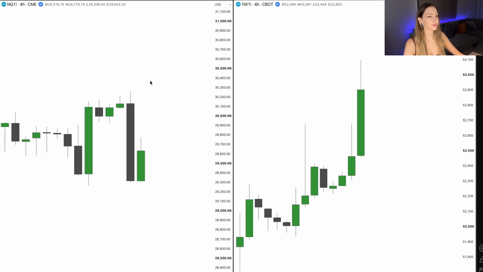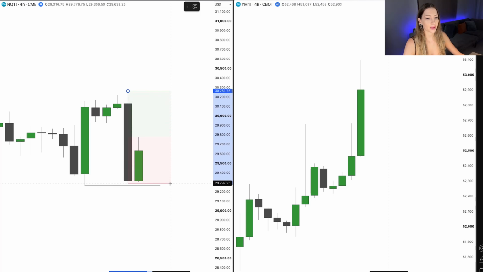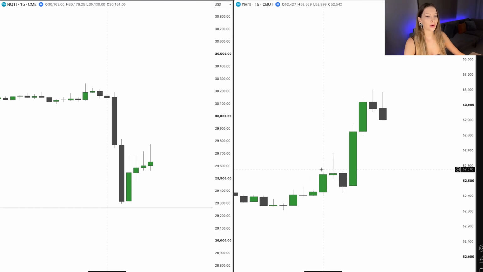So here we are on the higher time frame, and we can see that we are bearish and we are very close to this final target down here. We are still respecting the equilibrium, so my idea is now to trade this candle lower to this line down here, which is my final target, my liquidity sitting below. Now, what I'm seeing here is a clear divergence between NQ and YM.